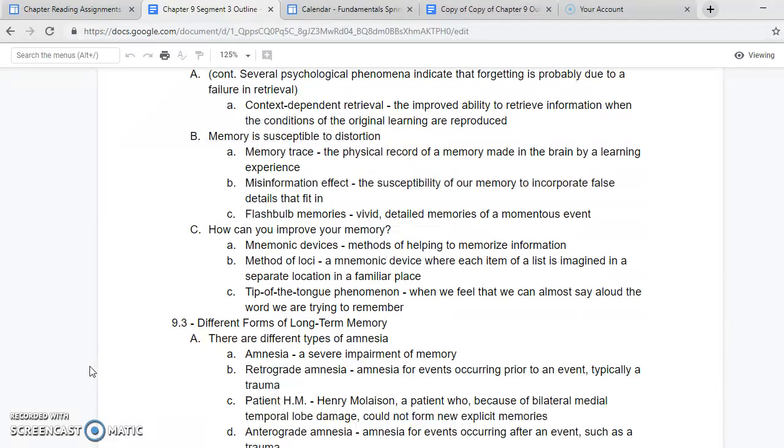And another type of memory that can lead to distortion is flashbulb memories. These are vivid, detailed memories of a momentous event. So in the 21st century, a flashbulb memory for many people is September 11th, 2001, and the terrorist attacks.